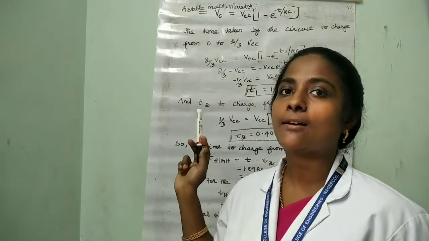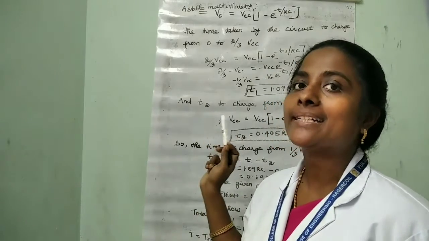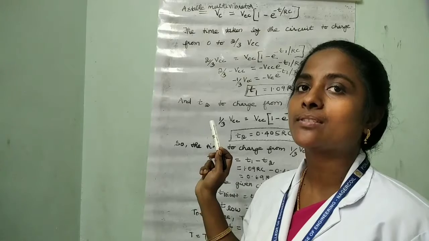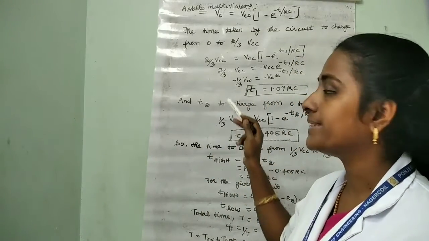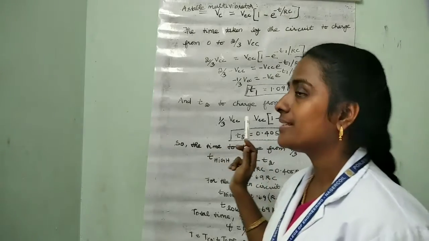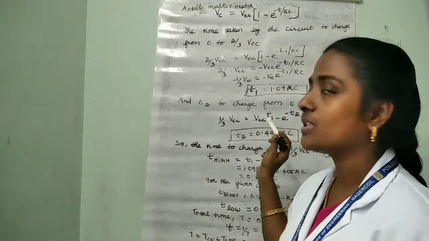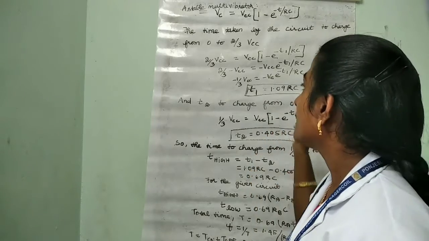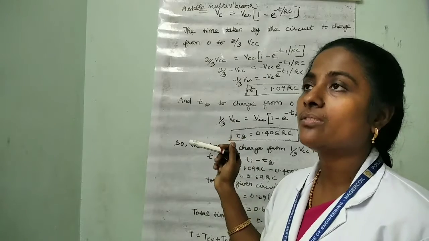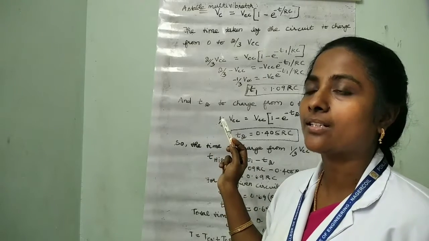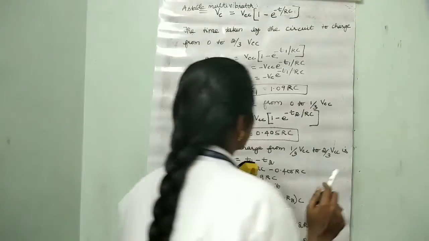Now we substitute in the place of VC 2/3 VCC, and in the place of t we substitute T1. So you will get this equation, 2/3 VCC equal to VCC into (1 minus e power minus T1 divided by RC). From this equation we have to find the value of T1. So we take natural log on both sides, and you can find the value of T1.